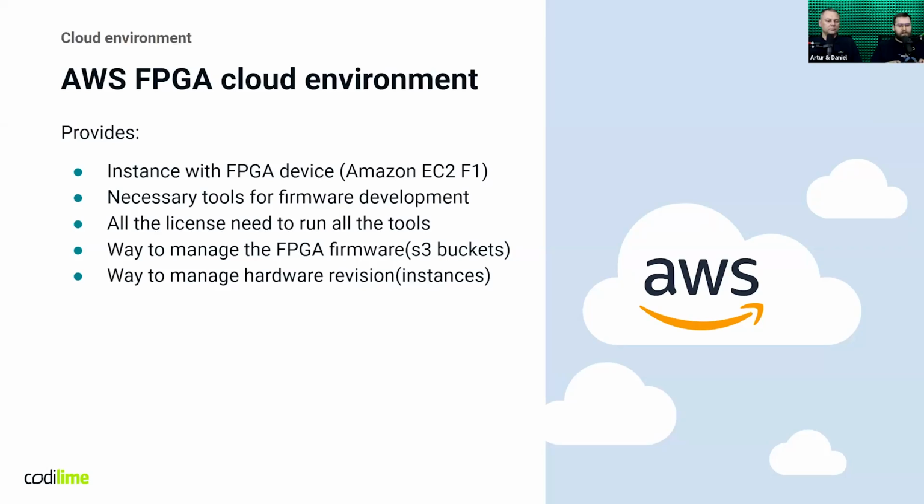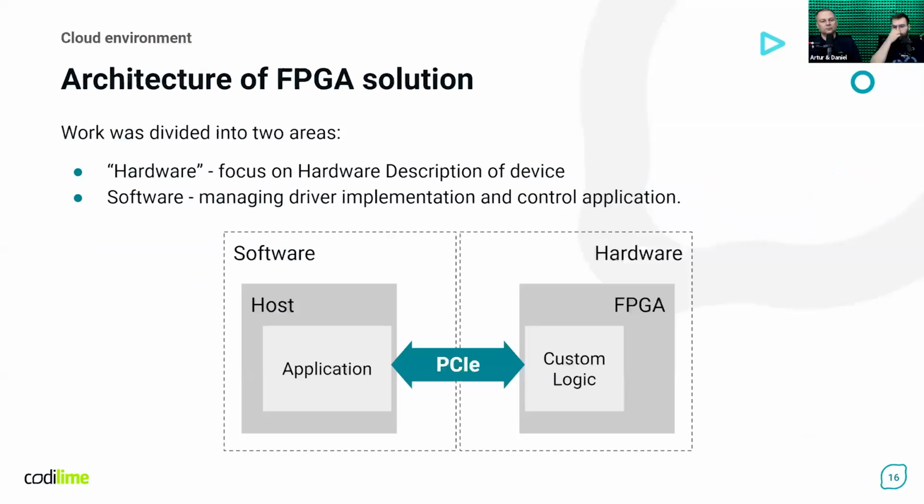But let's take a step back to the common architecture of FPGA solutions. For both a local system as well as a cloud one, we have necessary parts which need to be developed for our FPGA. We may divide the architecture of an FPGA solution into two parts.